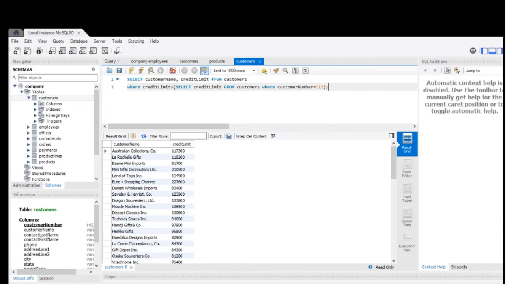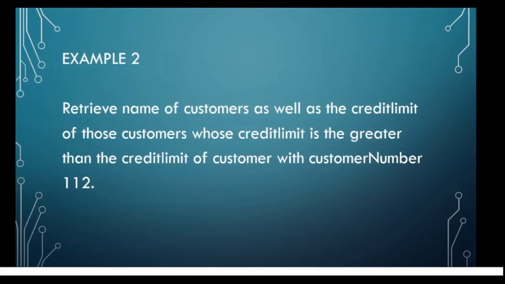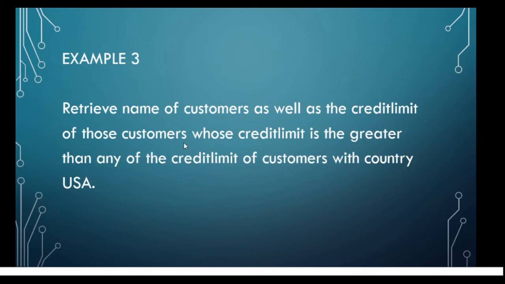Now, let's try to go to another example. So, let's go to example number 3. Retrieve the name of customers as well as the credit limit of those customers whose credit limit is greater than any of the credit limit of customers with country USA.